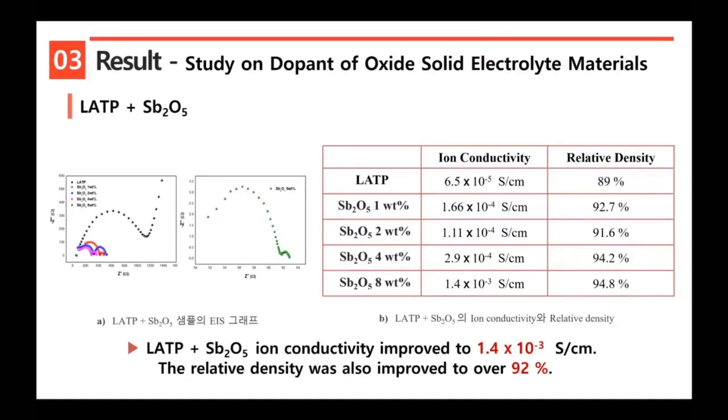The relative density of all pellets is over 92%, which shows that the relative density is significantly improved compared to the basic parent material. However, given that it did not show a typical solid electrolyte EIS plot, it was judged that antimony needed more detailed analysis and could not be said to be a better material than tantalum and niobium.